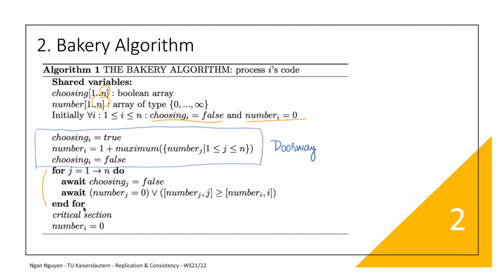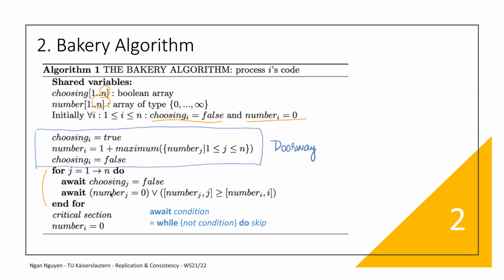Please note that in the waiting part we are using different statements rather than what we have in our lecture, but you can imagine that a wait condition is equivalent to while not condition do skip.